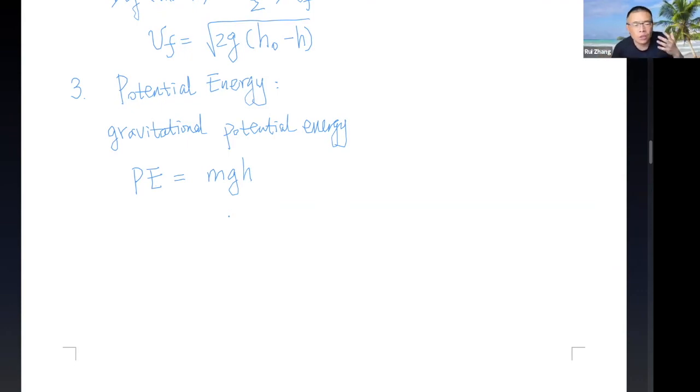The higher the object is, or the higher you are, the bigger potential energy you have, and you should be really careful about it, because although this energy is not working right now, if you're not careful, you could fall off, and it could cause a lot of damage. That's why it's called potential energy. It's not doing anything yet, but there's a potential that it can do something. And the higher you are, the bigger the potential.